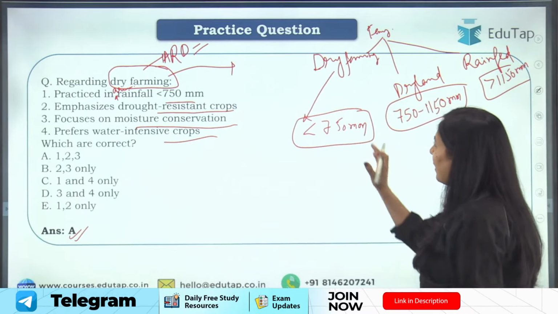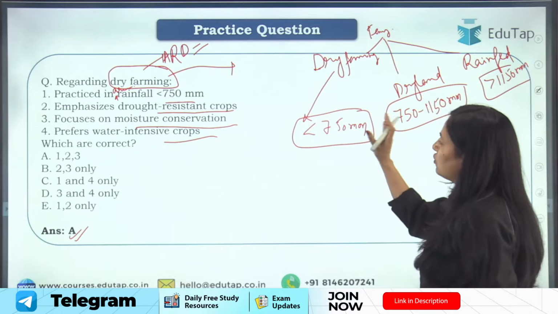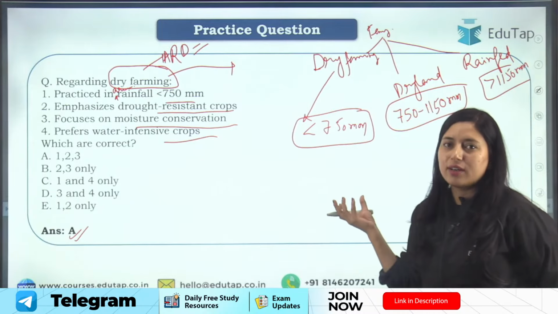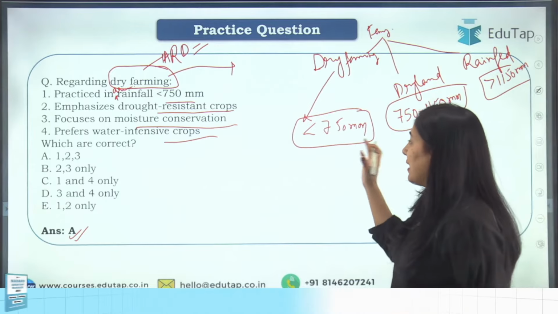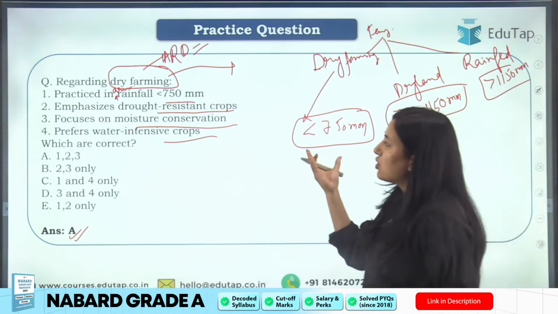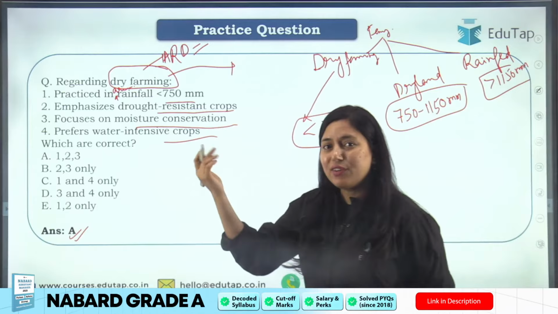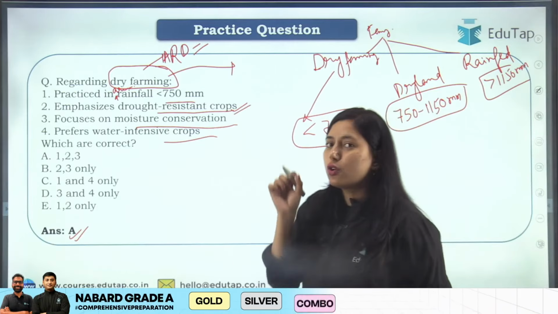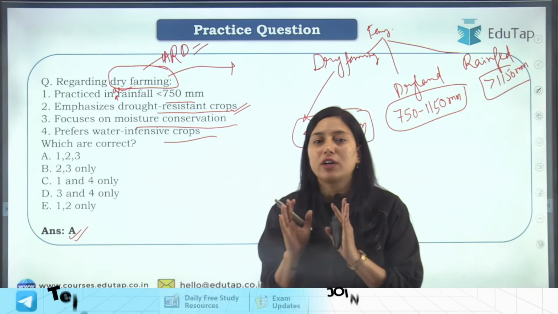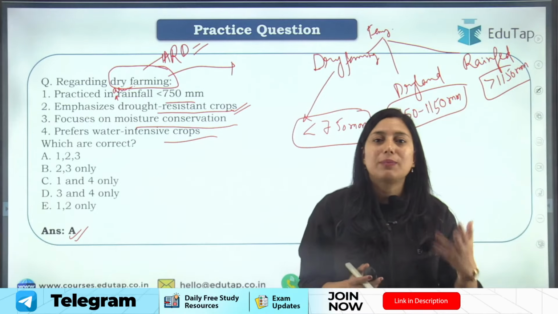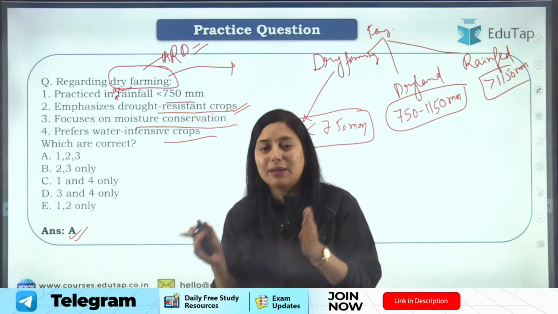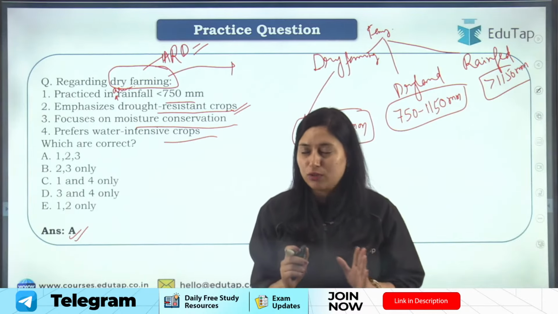Clear? Now what happens in dry and dryland areas? Basically students, you can see there is a lack of moisture. Okay, there is a lack of water here. So moisture is the biggest constraint in dry and dryland farming. So what we need to do in case of dry and dryland farming, we always go for drought resistant crops, means the crops that can resist some amount of drought condition, means if there is no supply of water for a time period, that particular crop does not fail, it can resist some amount of drought period.